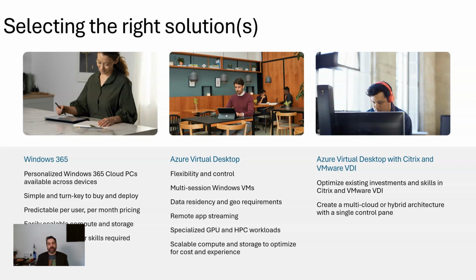So Windows 365 provides an easy, predictable way to say, hey, a machine per user with 1 or 2 cores and 8 gig of RAM will cost X per month per user. Let's create a number, right? 50.